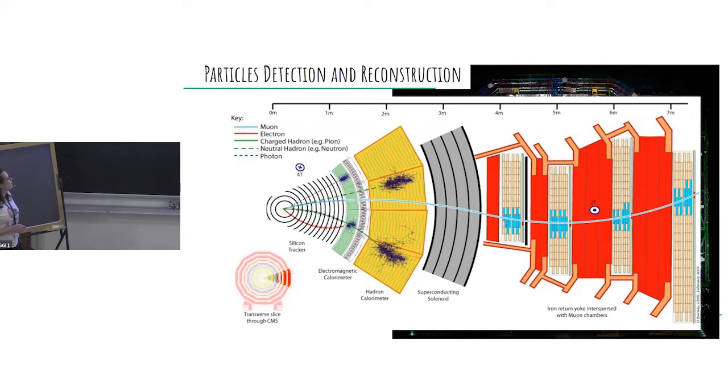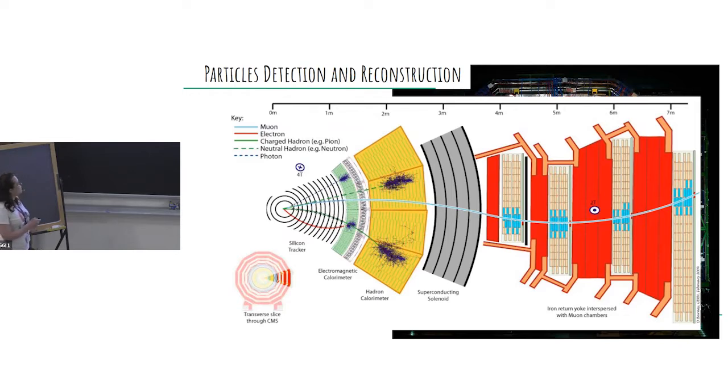Then just outside there is the hadronic calorimeter, which basically has the same function as this one, but for hadrons, because hadrons behave differently from electrons and photons inside the detector, and we need a bigger structure to contain the shower development that is the outcome of the interaction of the hadronic particle with the material of the detector.